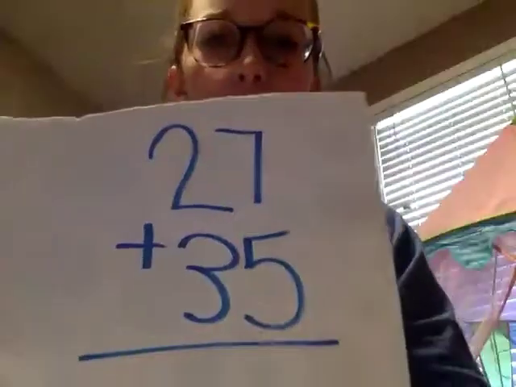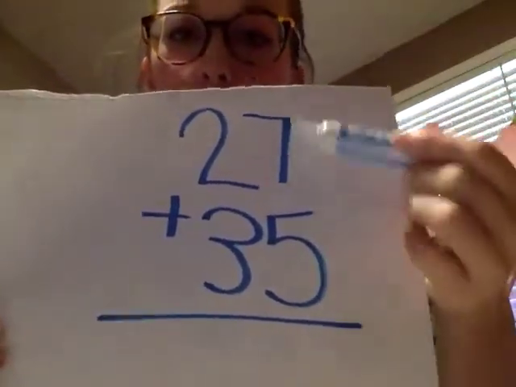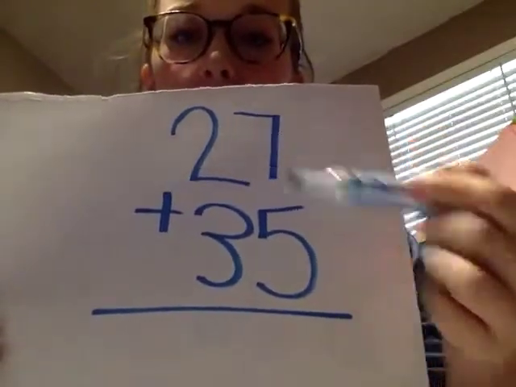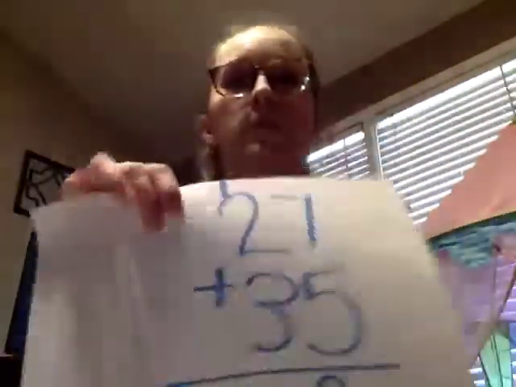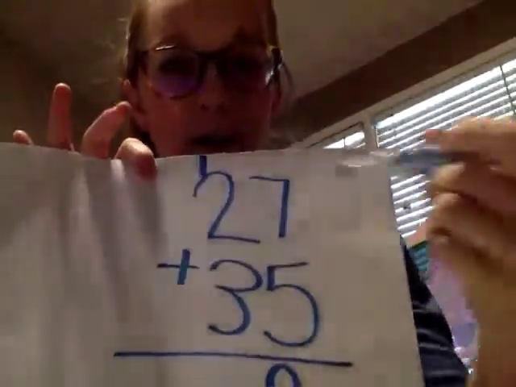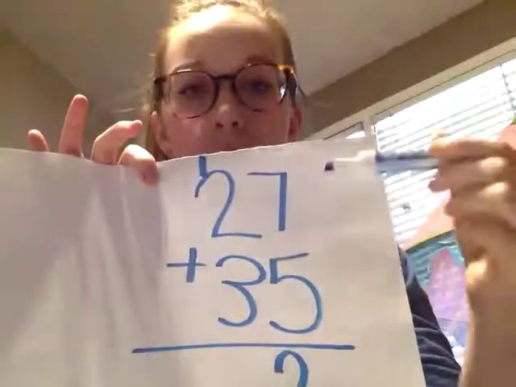So when we add and subtract decimals, it is just like adding and subtracting whole numbers. So if we had the number 27 plus 35, we always start subtracting or adding in your ones place. So we're going to do 7 plus 5, and that's going to equal 12. So we put our 2 down, and we carry our 1. Now, I added and subtracted.